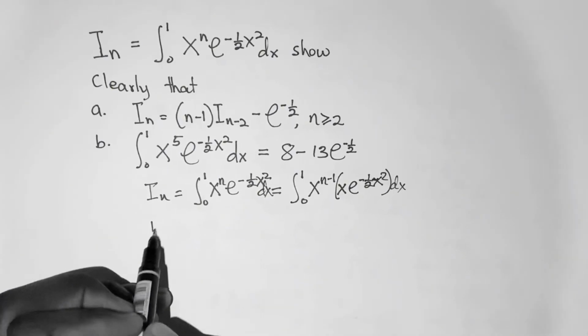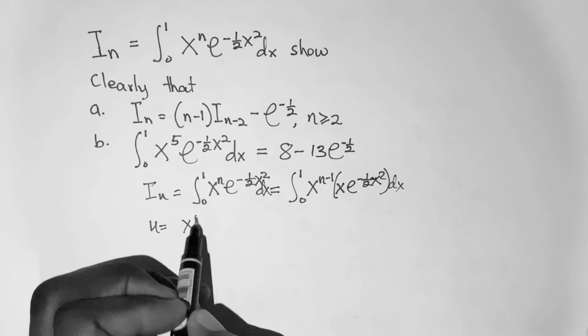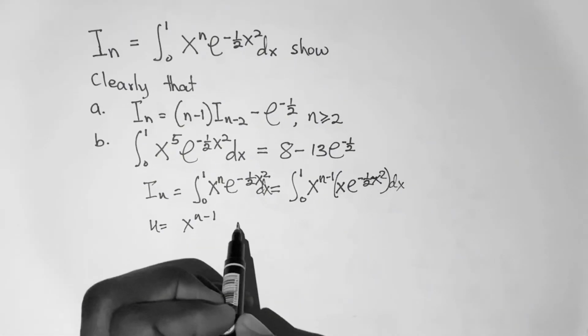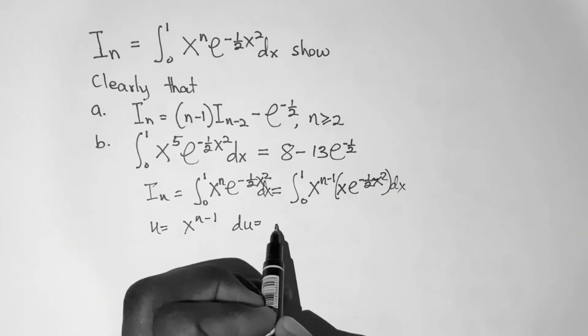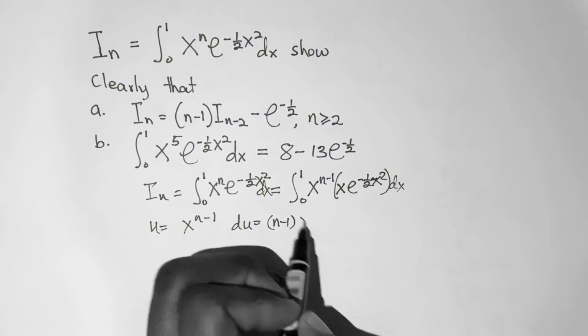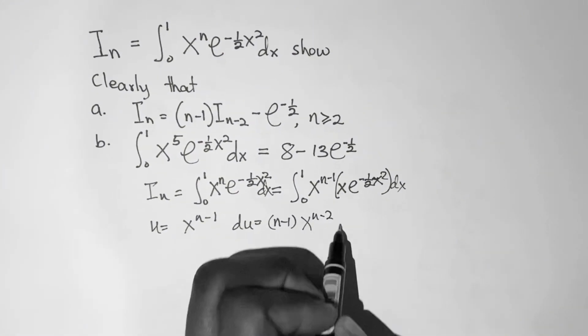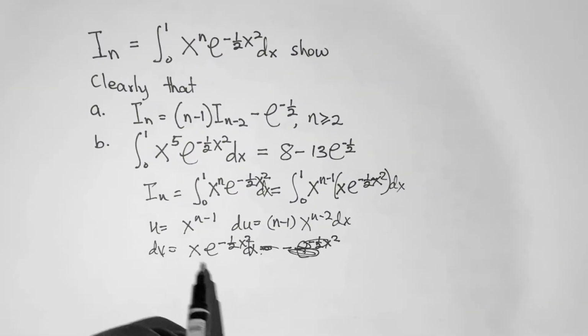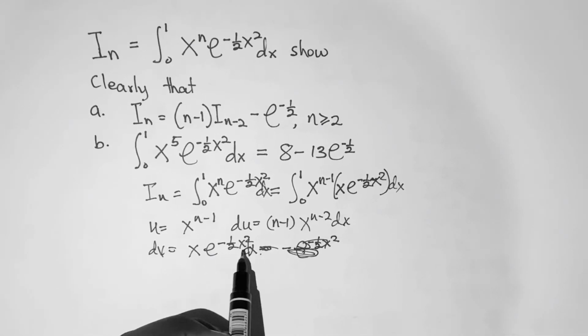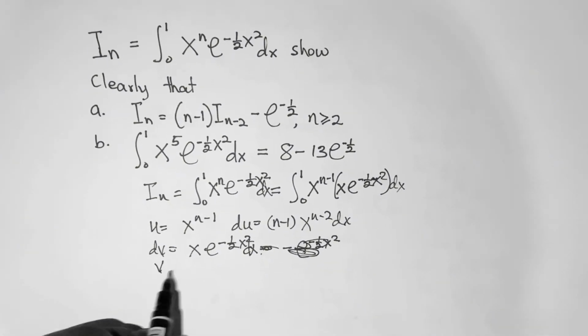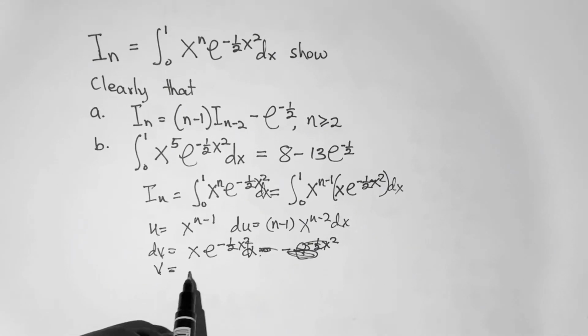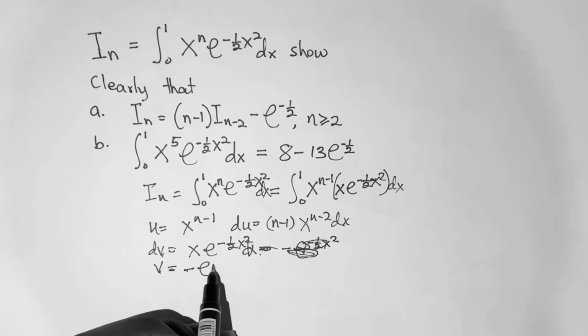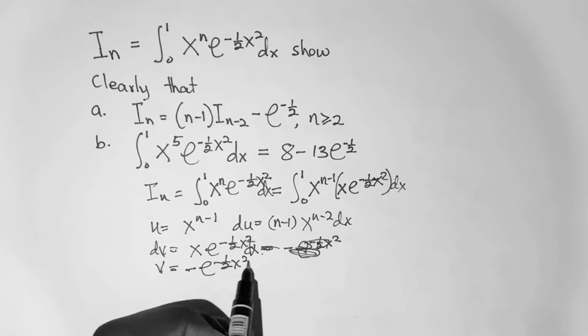So now our u is equal to x^(n-1), and therefore du is equal to (n minus 1) x^(n-2) dx. dv is equal to x e^(-1/2 x^2) dx. So v is equal to, if you integrate all of this, minus e^(-1/2 x^2).